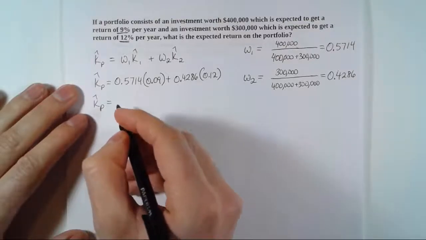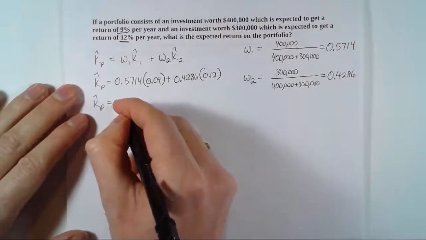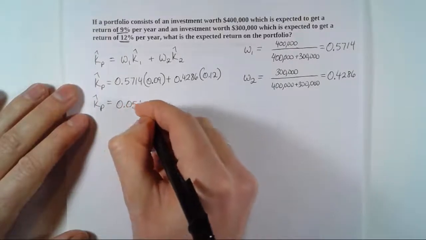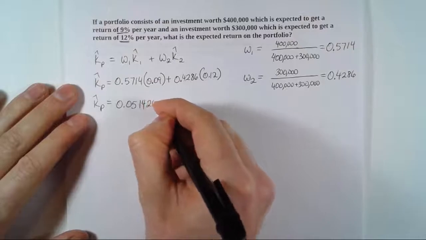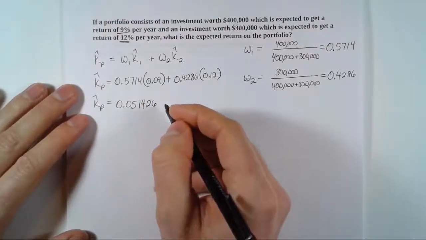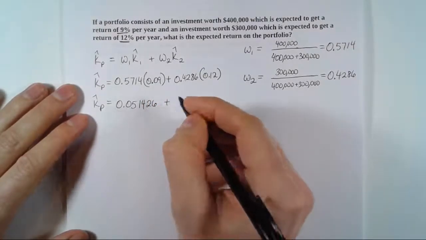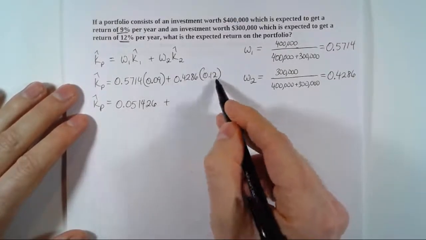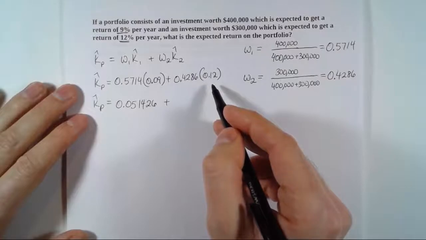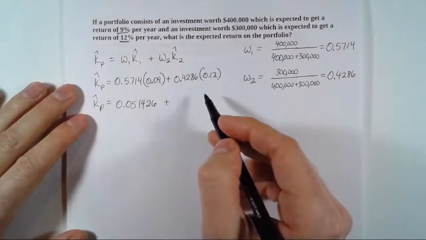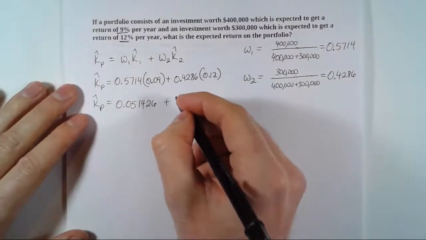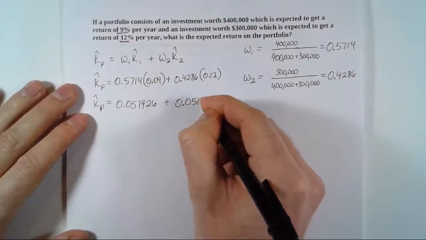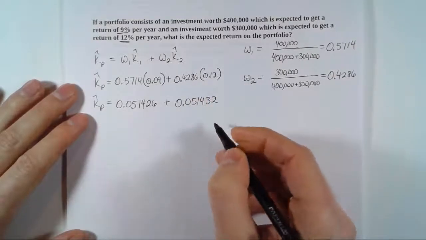Okay, so if you paused the video and worked out that first piece, what you should have gotten was 0.051426, and I'm hanging on to a few extra decimal places until we get to the end. And then you should now pause the video and work out this piece and see what you get. Okay, so if you pause the video and work that out, what you should have gotten was 0.051432.